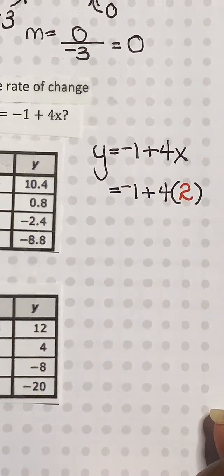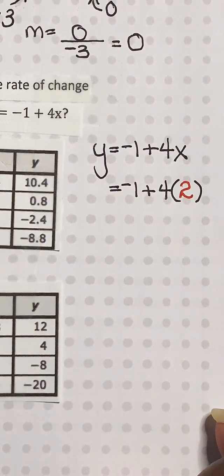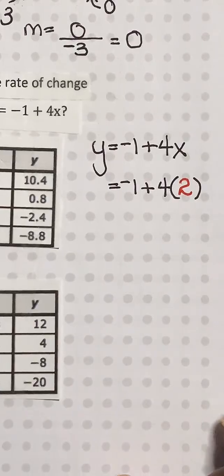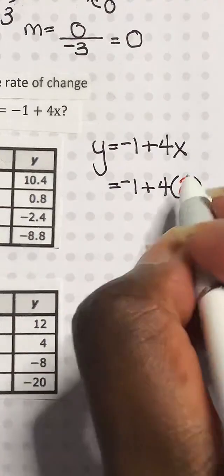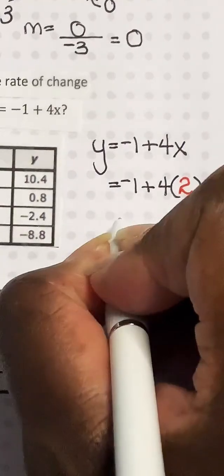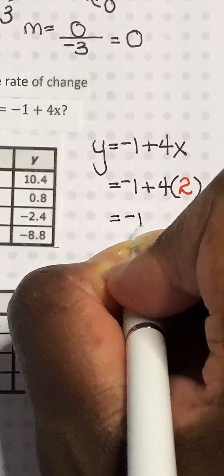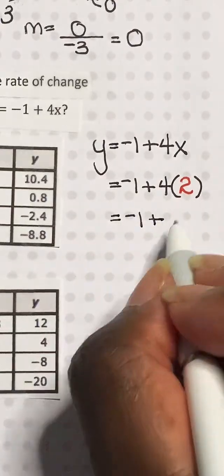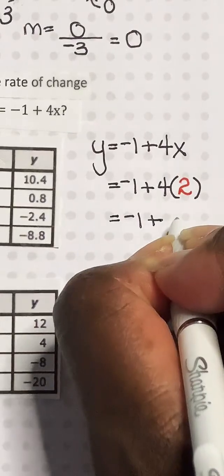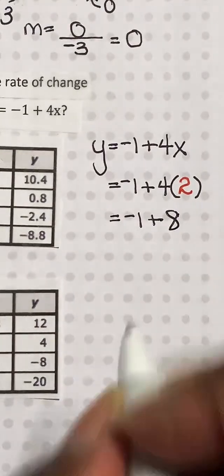There you go. So negative 1 plus 4 times 2, that gives me my 8.